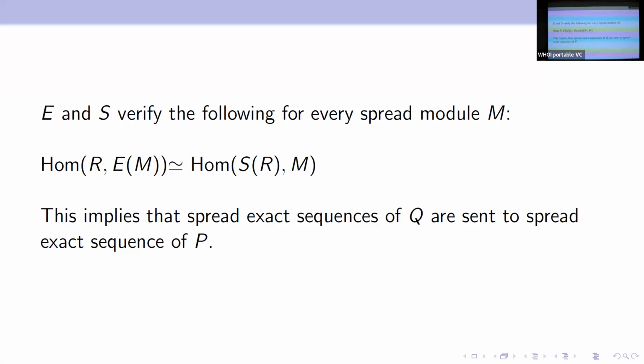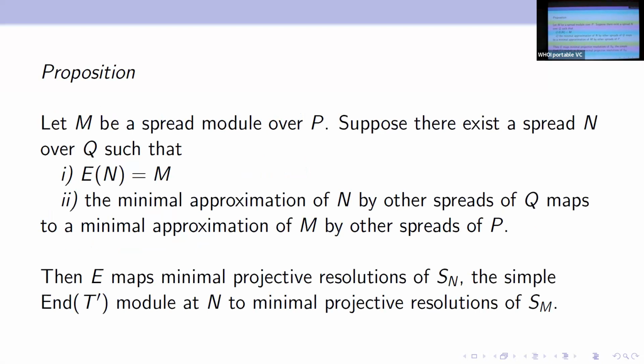Using a couple more arguments, which I don't have the time to go into details, you can show the following, which is essentially the main tool that we have for the answer that I talked about. Essentially, it says that if you respect all the domains of irreducible maps coming into a module.